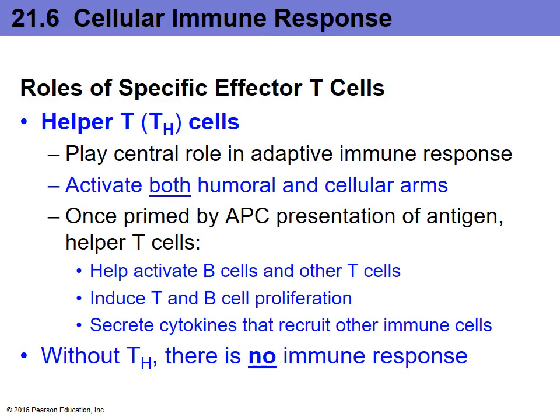All right, so let's go ahead and take a look at just a little bit more detail about what each of these specific T cells brings to our cellular immune response. So we've discussed the helper T cell, and I mentioned before that it's all in the name, that it will help recruit additional B cells. It will be able to communicate with the killer T cell.